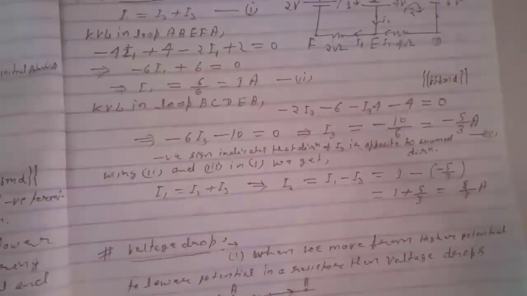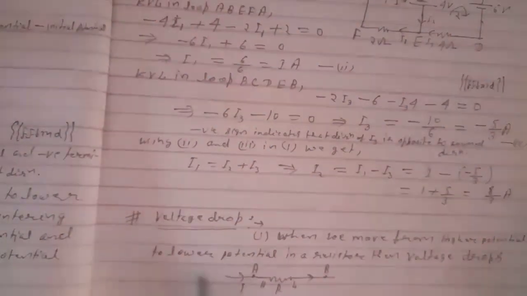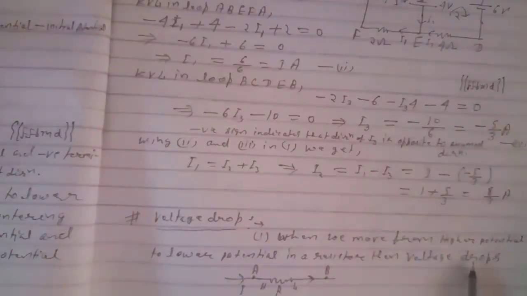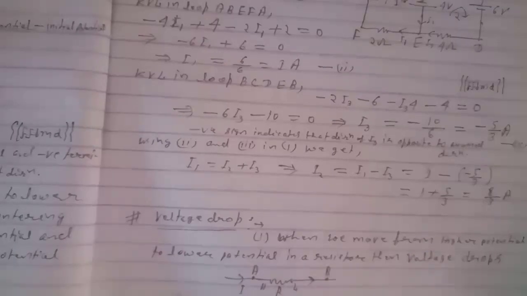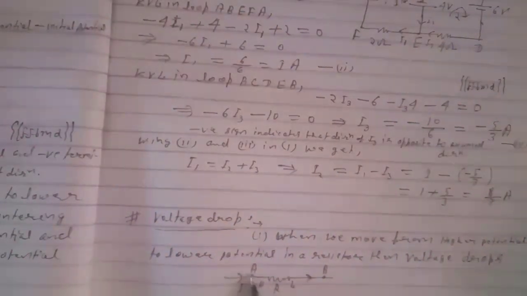Next, our next topic is voltage drop. When we move from higher potential to lower potential in a resistor, then the voltage drops, and it is given by VA minus IR equals VB. For example, at this point, this is a resistor and current is flowing in this resistor in this direction. It means that A is at higher potential and B is at lower potential.